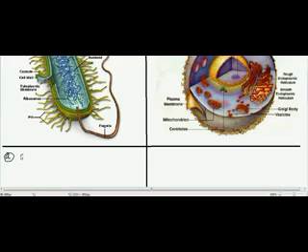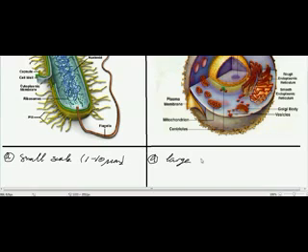Okay, so now we grab a pencil, and basically the first thing that you'll notice is the scale of the prokaryote is small, which is approximately 1 to 10 micrometers, while the eukaryotic cell is approximately 10 times larger, so it's quite large in comparison to the prokaryote.